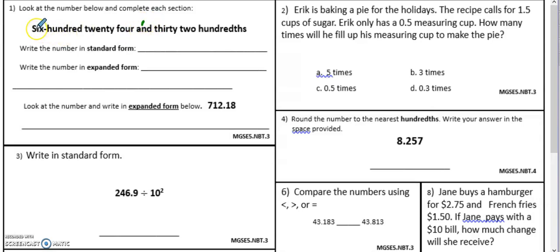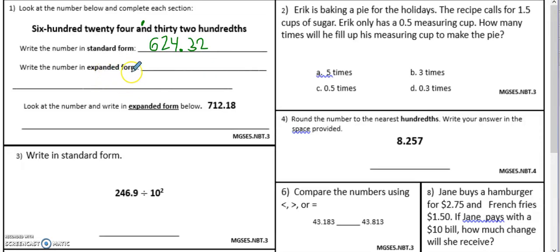So I'm going to write the first part, 624. That's just my whole number, 624. And put that decimal in there, 32 hundredths. So I'm going to write the number 32, and I'm going to make sure it's in the hundredths place. So that's the tenths place and the hundredths place. So there we go, 624 and 32 hundredths.